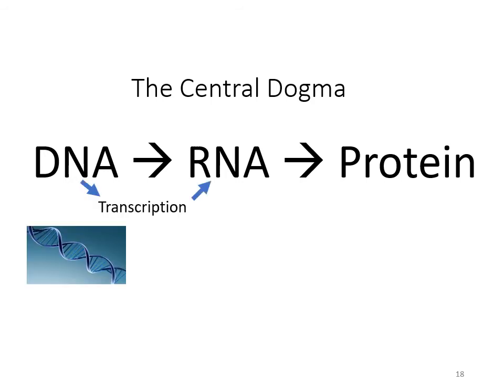So we have this double helix, 2 strands of nucleotides, being converted into 1 strand of nucleotides in RNA. Then that RNA is shipped to a ribosome, and that ribosome will read the RNA, and based on the code of the order of A, G, C's, and U's, it will make specific proteins, and that process is called translation.